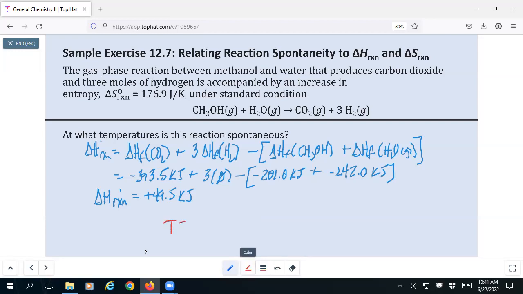So T is equal to delta H over delta S, 49.5 kilojoules divided by 0.1769 kilojoules per Kelvin.